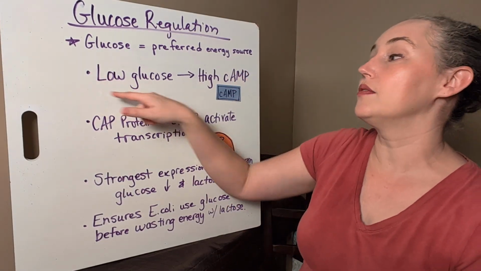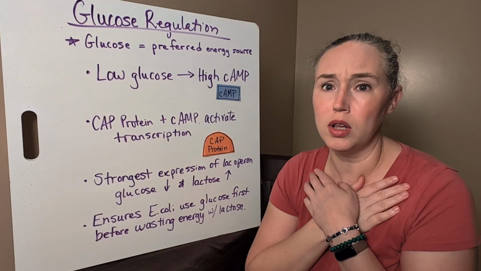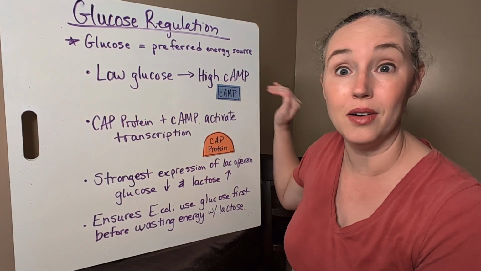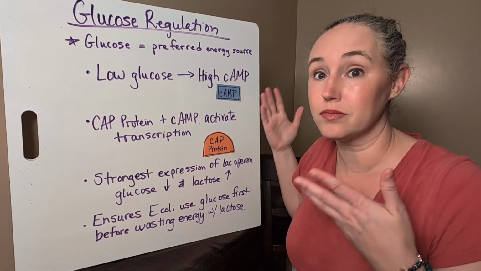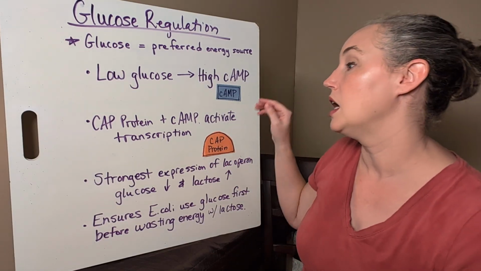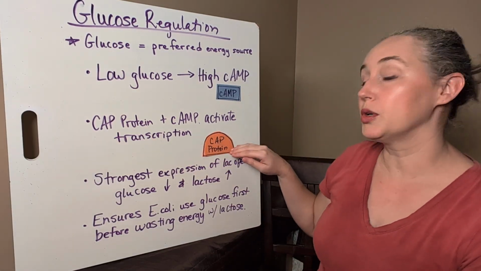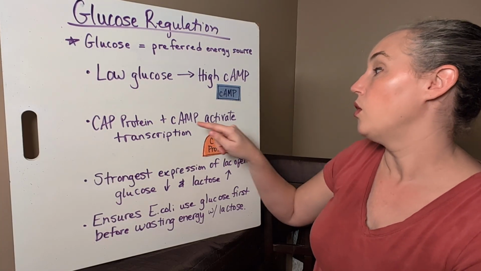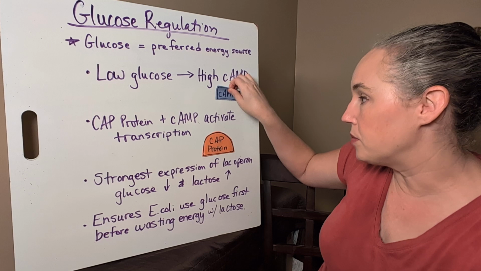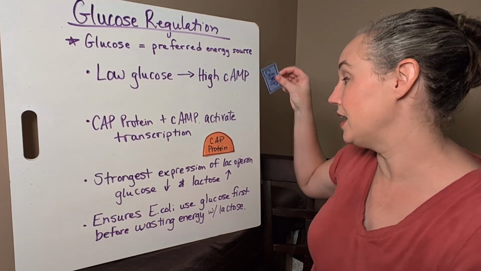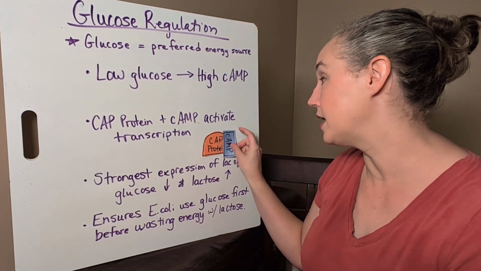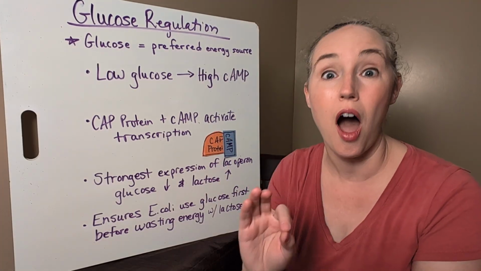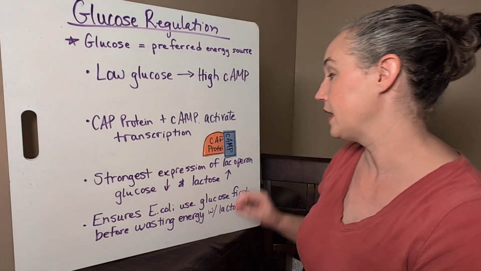So if we have low glucose, so our E. coli have low glucose, they're going to have a lot of cyclic AMP, right? That's a relationship. Now, there's a protein called the CAP protein, and when cyclic AMP attaches to it, the CAP protein becomes active and will activate transcription of the Lac Operon.